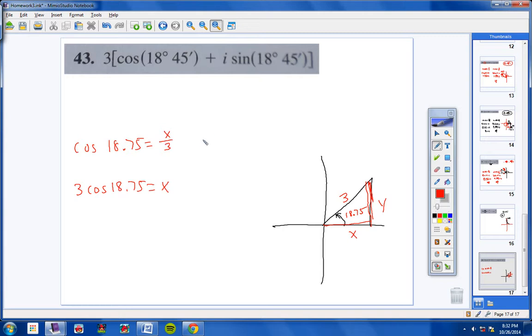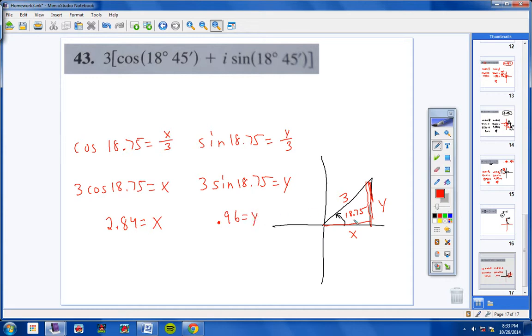And then sine of 18.75 equals opposite over hypotenuse, multiply both sides by 3. 3 sine of 18.75 equals y, and here we go. 3 cosine 18.75 would be 2.84. And 3 sine 18.75 would be 0.96.